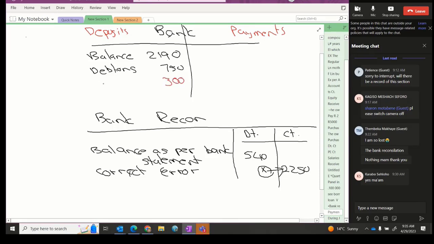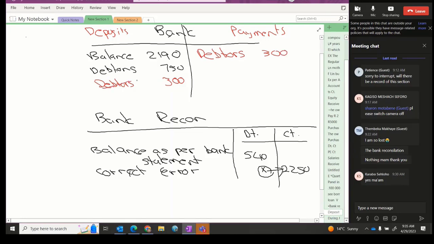You received here 300 Rand from the debtors. And obviously it went through your bank statement as well. But now you have to reverse this transaction. So how are you going to do that? You're going to put it on the credit side of debtors.